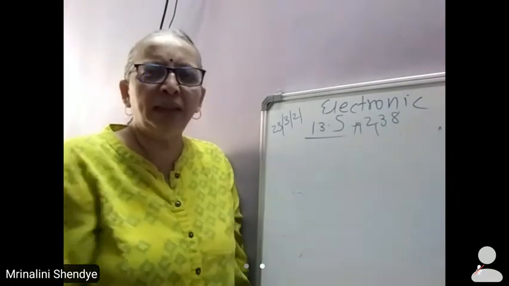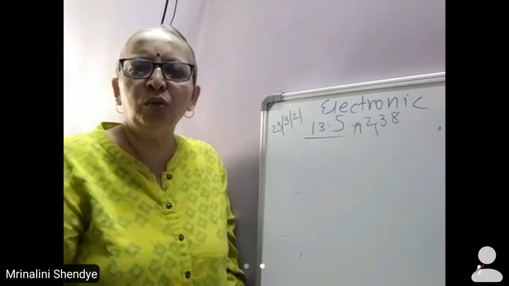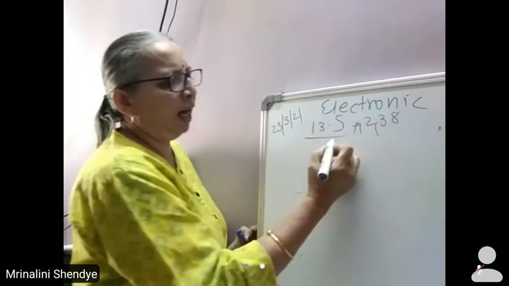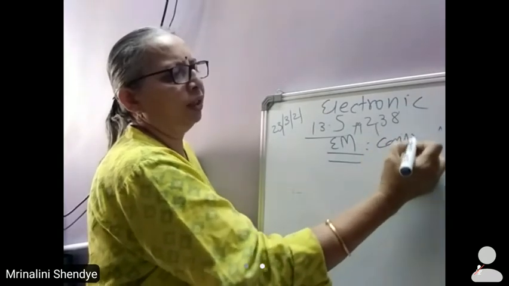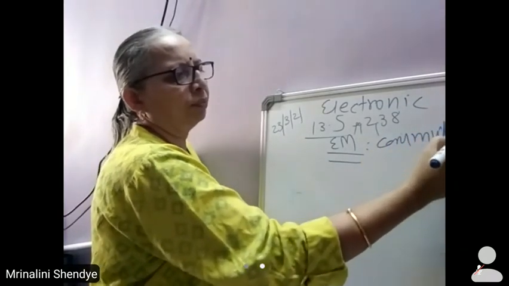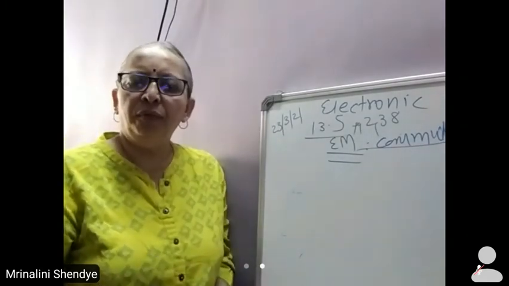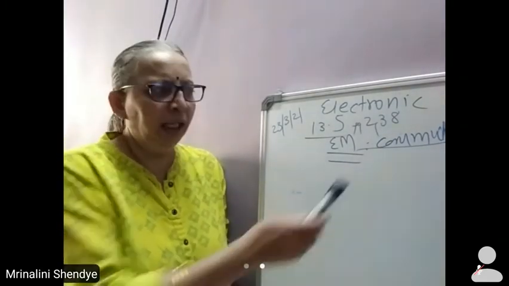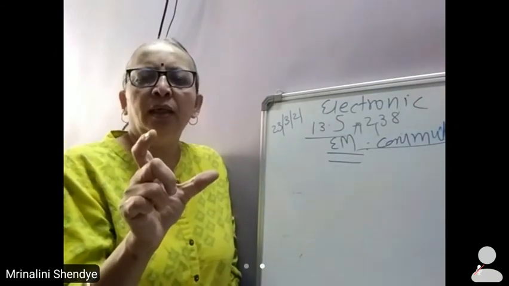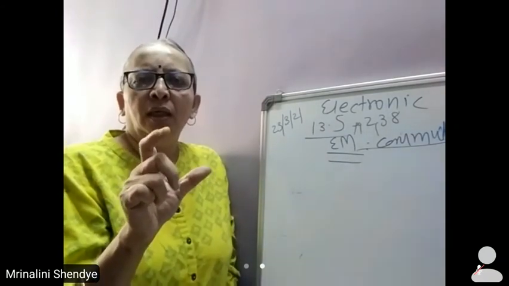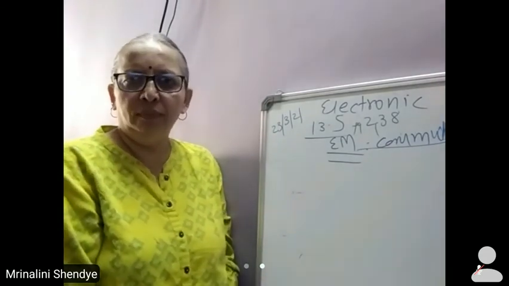So with this basic idea of communication system, we'll proceed further to study the use of EM waves for communication. So in communication, we use EM waves to make the information in message signal form.